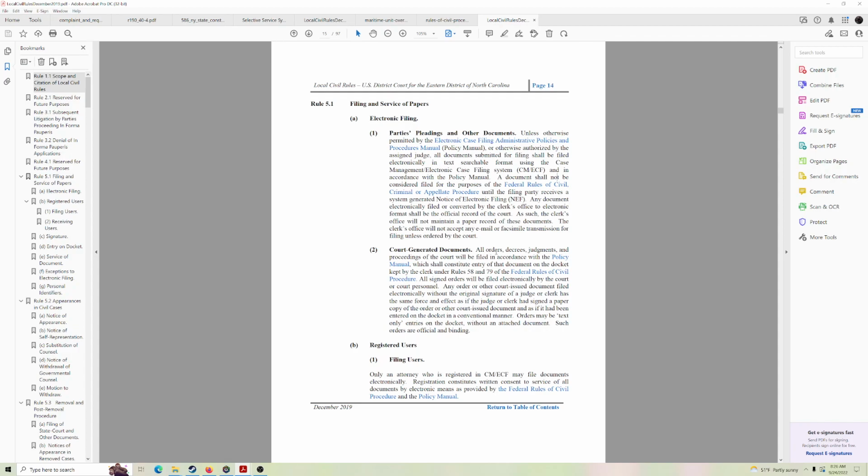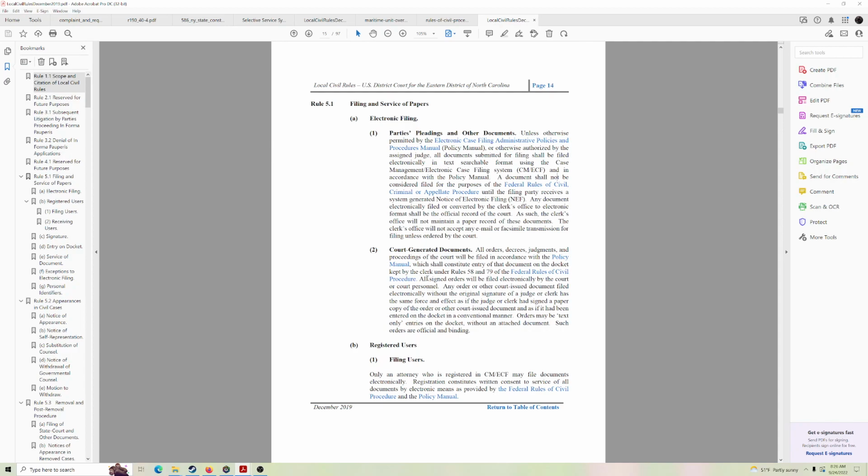Court-generated documents. All orders, decrees, judgments, and proceedings of the court will be filed in accordance with the policy manual, which shall constitute entry of that document on the docket kept by the clerk under Rules 58 and 79 of the Federal Rules of Civil Procedure.